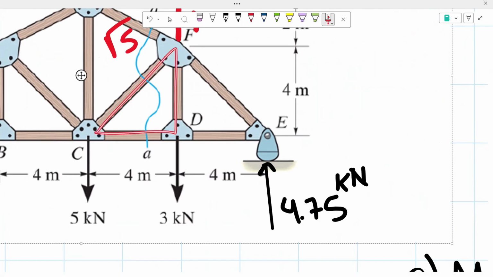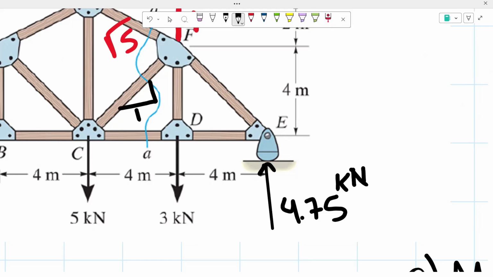So again, using the Pythagorean theorem, a squared plus b squared is equal to c squared, we could see that this is a 1, 1, square root of 2 triangle. Correct? So now, because of that, we're going to be multiplying the force of the bar CF by 1 over the square root of 2, since we want to deal with that horizontal component.